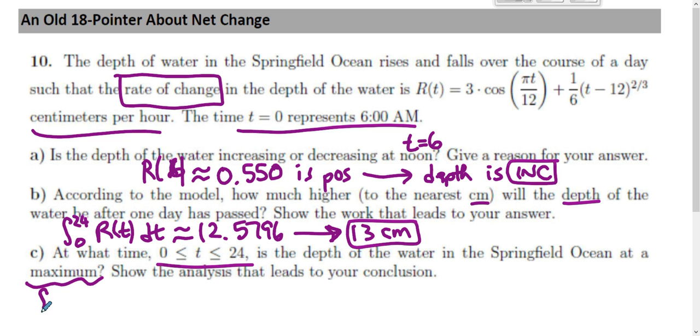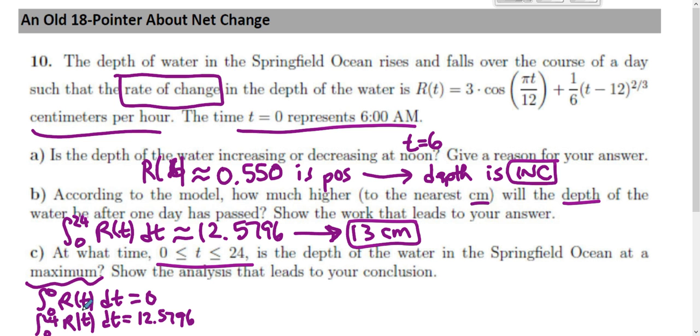So we know that the integral from 0 to 0 of r of t, that's 0, and we know what the condition is at 24 hours. We are 12.5796 centimeters up from where we were. The question is, is there a time between 0 and 24 when we are higher than that?